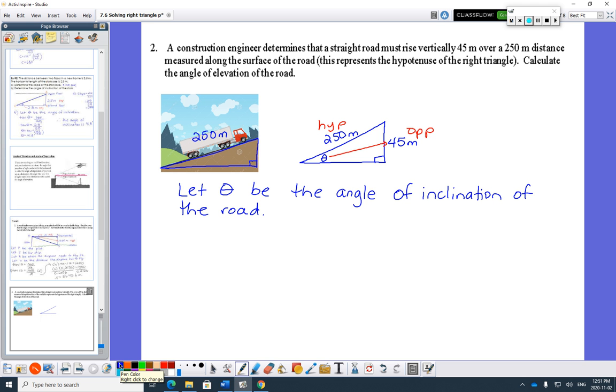We don't need to find the horizontal distance, but you could solve for that using the Pythagorean theorem and then use that side, but again, that's more work than you need to do, okay? So we just need to use sine, sine theta or sine x or whatever you decided to call the angle.